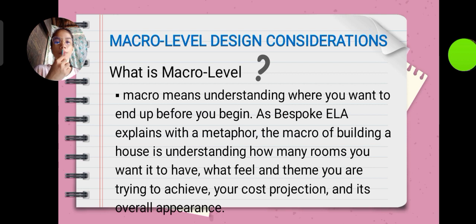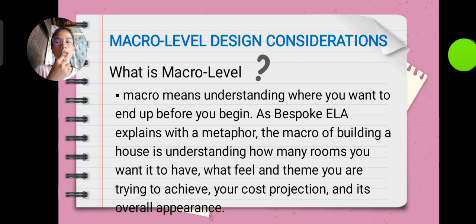It is very important because when you first understand the before scenarios, it will also affect the exact ending of the implementation of the curriculum.